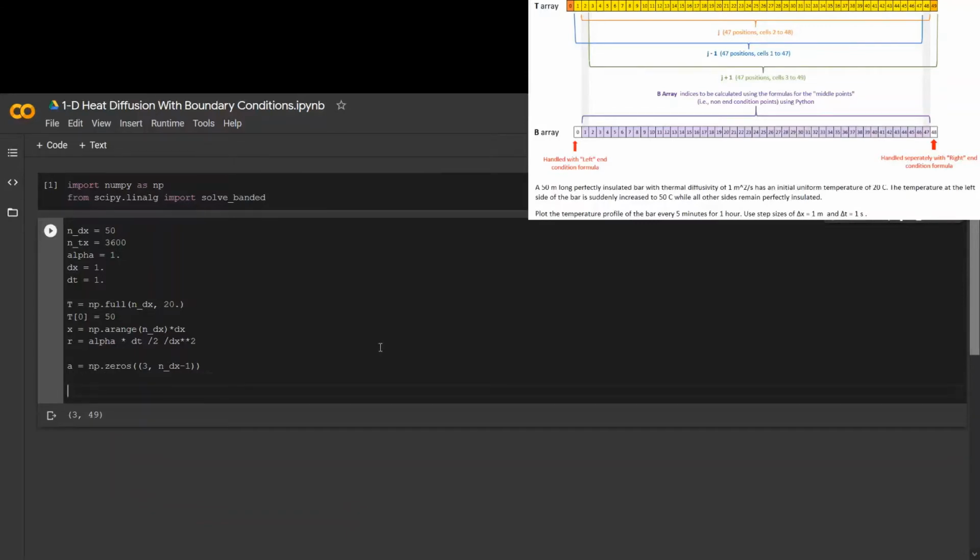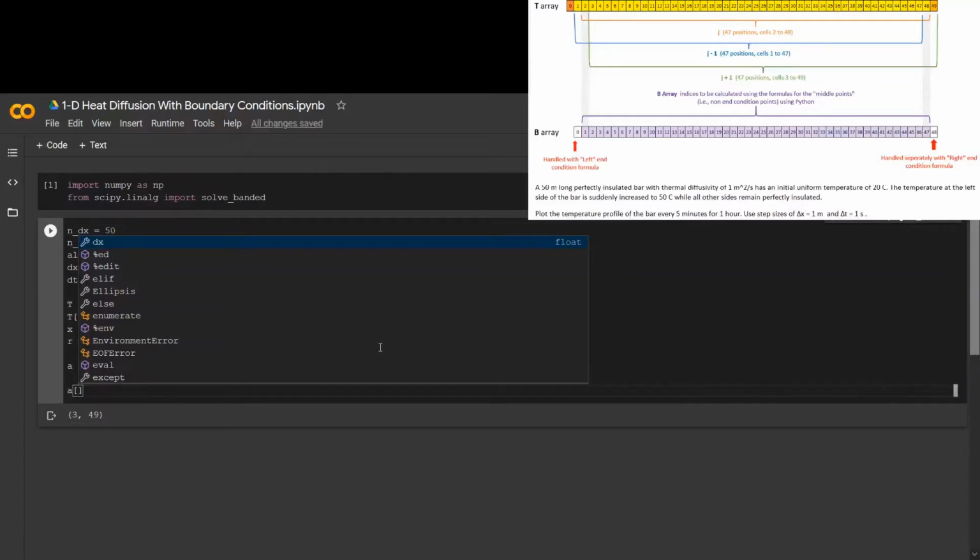Okay, so now let's work on filling this up, because right now it's just zeros. So if I think about my diagonal above the main diagonal, let's go top down, because that's how solve banded likes this to be inputted, right?